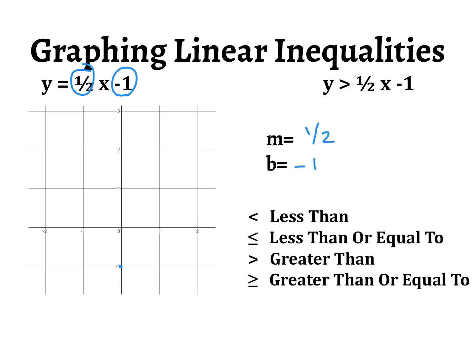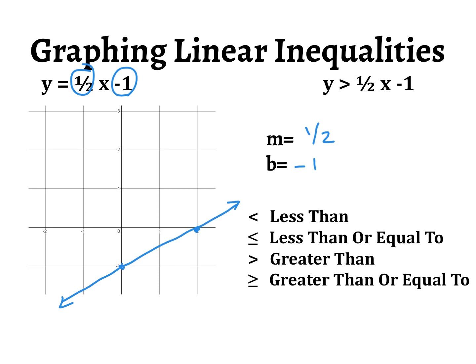The rise over run is up 1 over 2. That's what that slope represents. So you would plot your second point right here, and then you would draw your line connecting these 2 points.